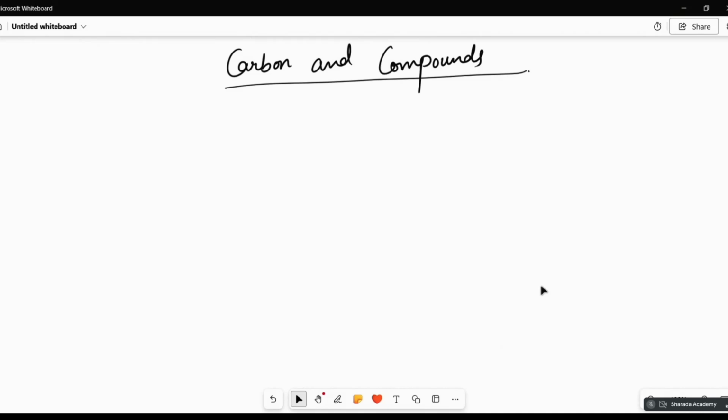But covalent bond is sharing of the electrons. That means the electron will be revolving around both the atoms. That we call sharing of the electrons. So carbon shares electrons and forms covalent bonds.